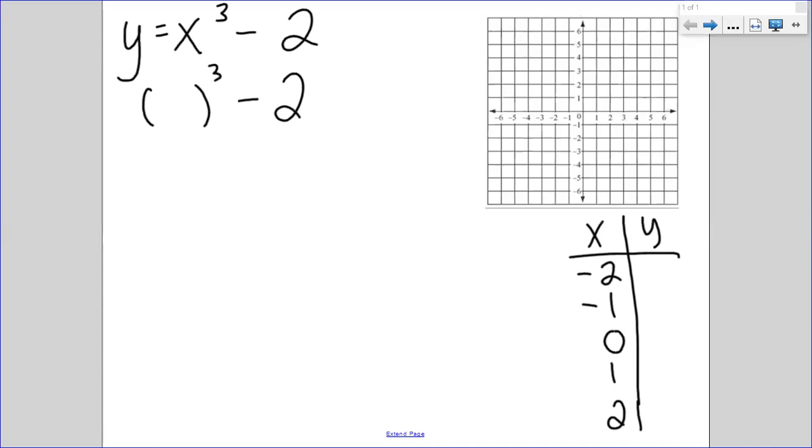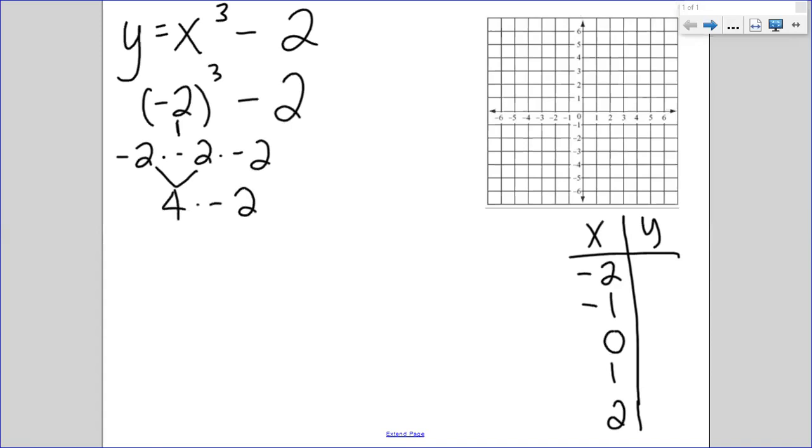So if I plug in -2 here, then that really means -2 times -2 times -2 for this part, okay? Because order of operations, we need to do the exponents first. So let's do this. -2 times -2 is a +4 times a -2.